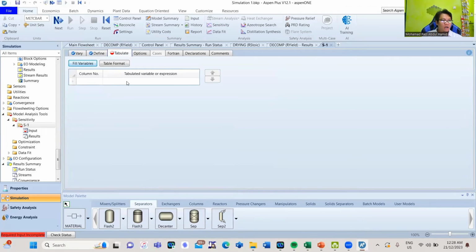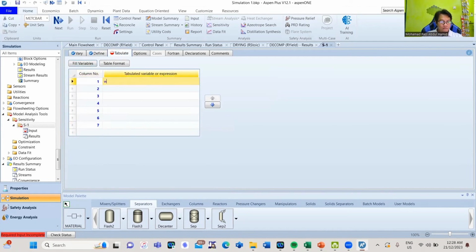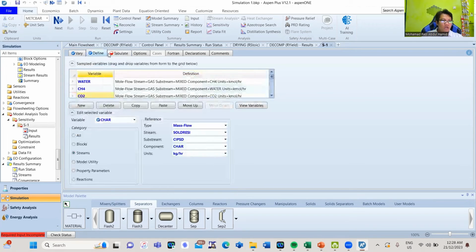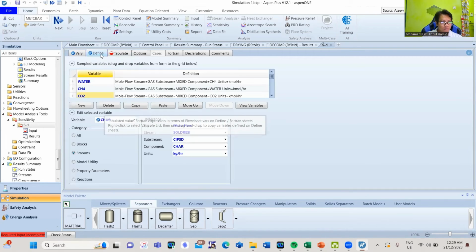Okay, and then I'm going to tabulate all of it. So I will tabulate column number 1, column number 2, 3, 4, 5, 6, 7. Water, methane, CO2, CO. What else?